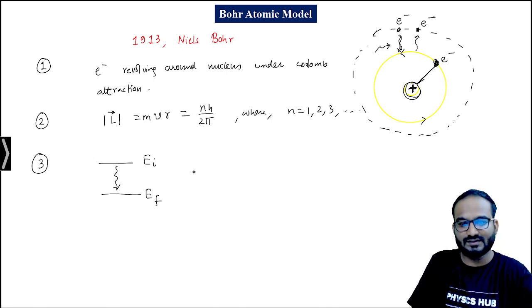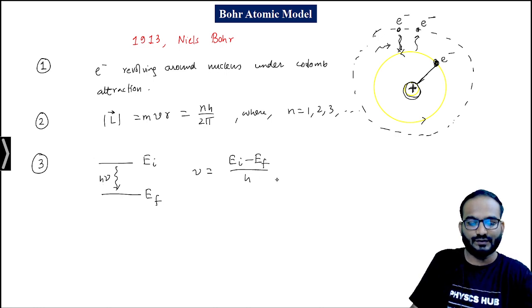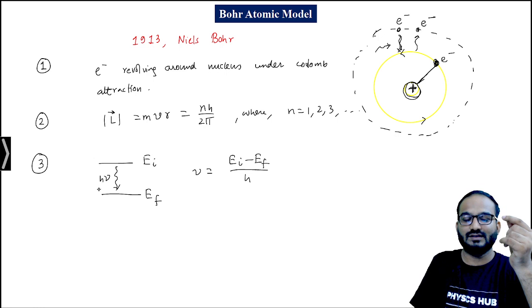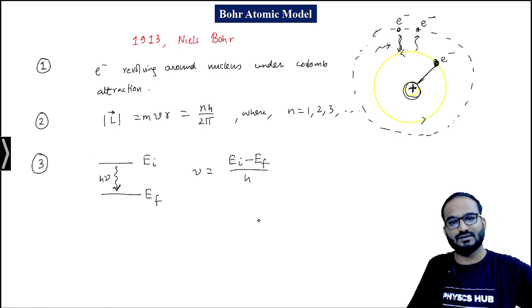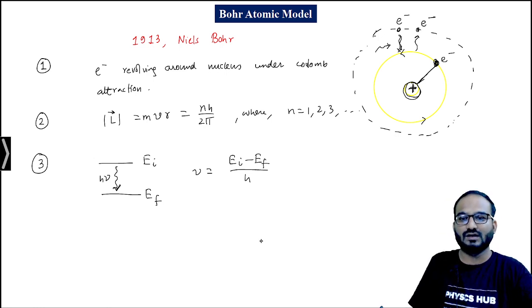So EI minus EF by h will be the associated frequency. This energy difference will be equals to this h nu. If EI is greater than EF, then there will be emission, otherwise it will be absorption. So these are some basic postulates taken under Bohr's atomic model.